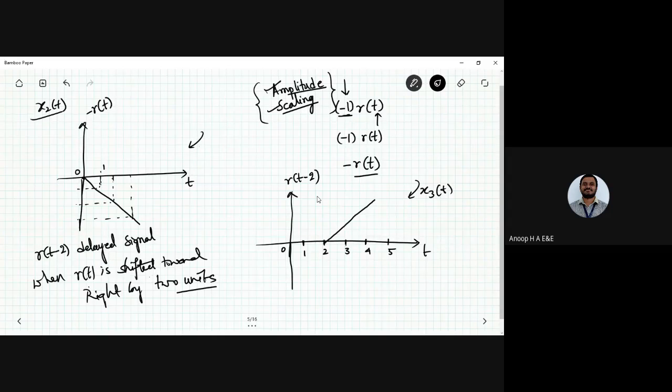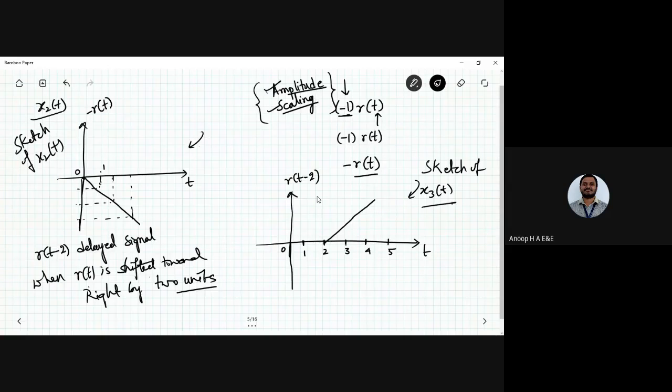I've got the sketch of x2 of t, and I've got the sketch of x3 of t. Let me write it here. This is the sketch of x3 of t. That's how you get the sketches of the 3 signals, that is x1, x2 and x3.